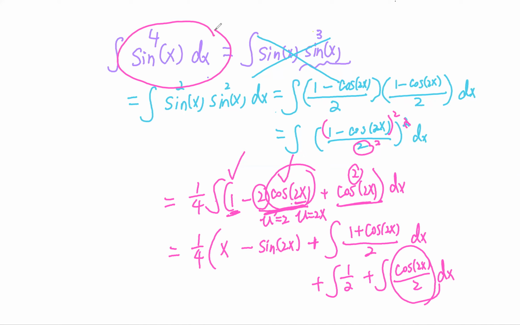Okay. So sine to the 4th looks like the most complicated one, right? Because it's a very high exponent. We did it once down to the square, basically down to right here. Then we continue to use the formula to make the degree lower. Now we can solve this. Okay, that's for the sine to the 4th.